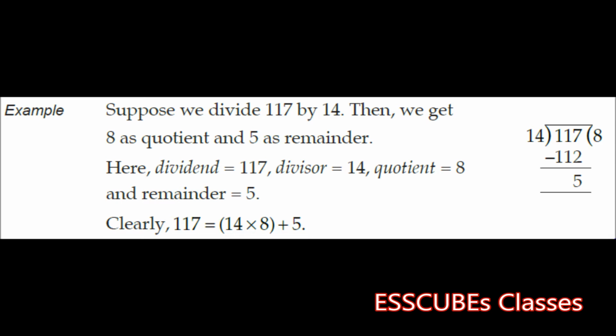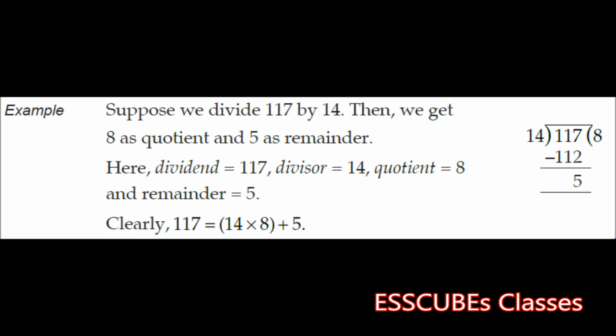Now, if I subtract that from 117, I get a remainder 5. So very simply, we get the divisor to be 14, the quotient to be 8, and the remainder to be 5. So the dividend 117 can be represented as 14 into 8 plus 5. Isn't that what takes us back to the formula? Dividend is equal to divisor into quotient plus remainder.